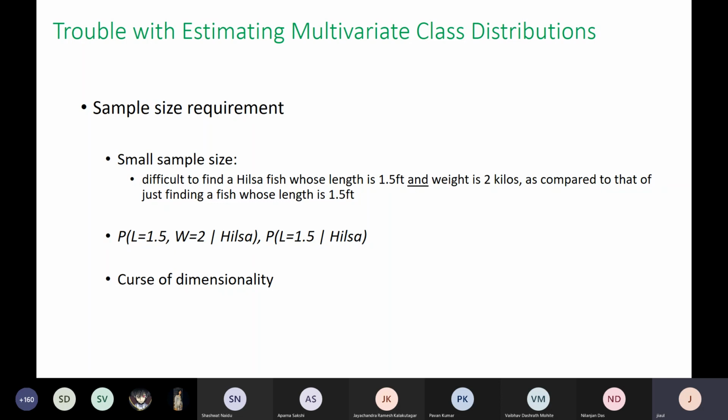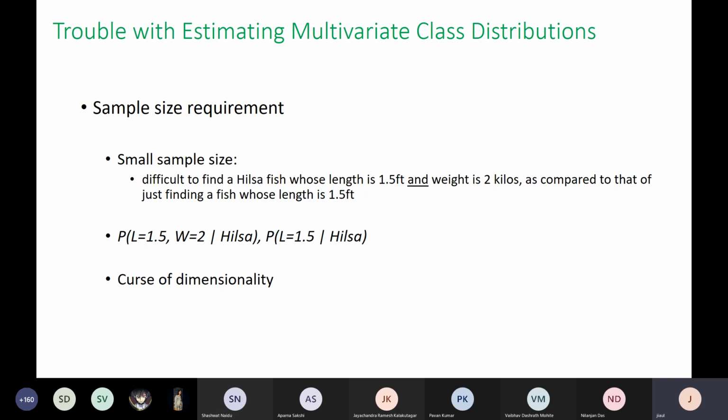That is a problem, and it always has been. It is a data sparsity problem, called the curse of dimensionality. You need too much data to estimate the probability reliably if you have high-dimensional feature vectors. That's the main issue we always encounter.